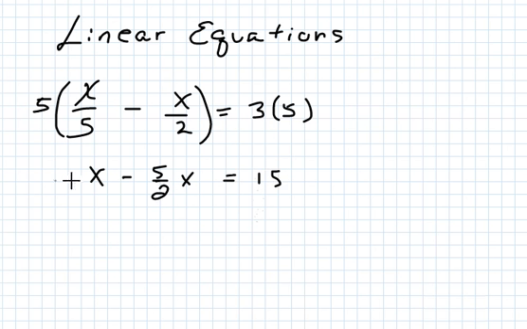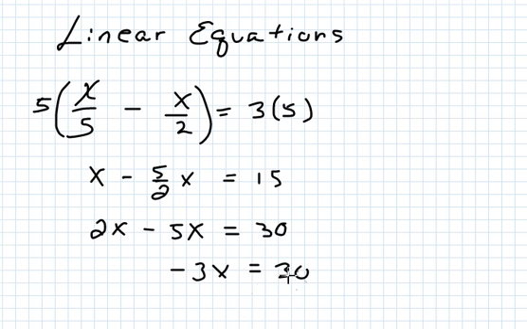And then I'm going to multiply both sides by 2 all the way across. So we end up with, and I'm going to skip a step here, hopefully you can keep up. 2 times 15 is 30. So now we have 2x minus 5x, that's a negative 3x, equals 30.